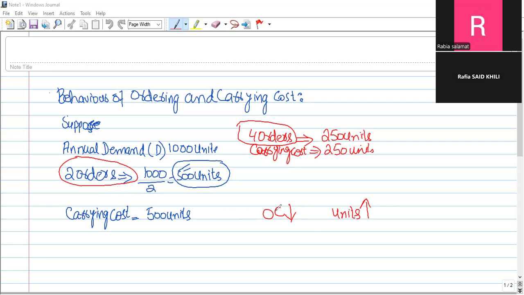When you purchase more units, you have to store more units and insure more units, so your carrying cost will increase. Your carrying cost will increase if units increase.